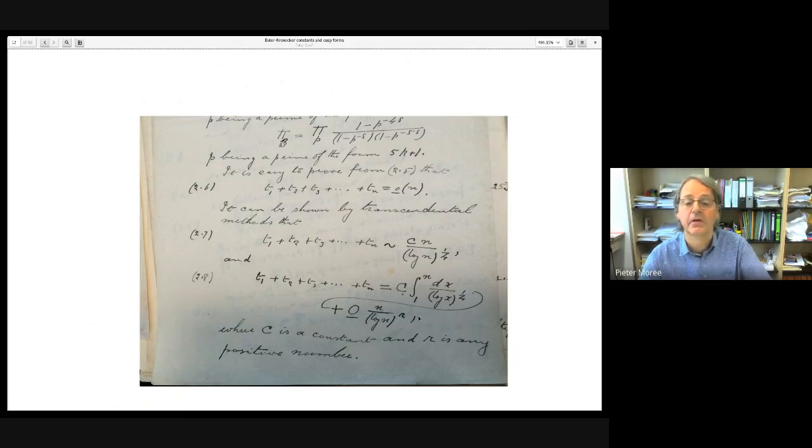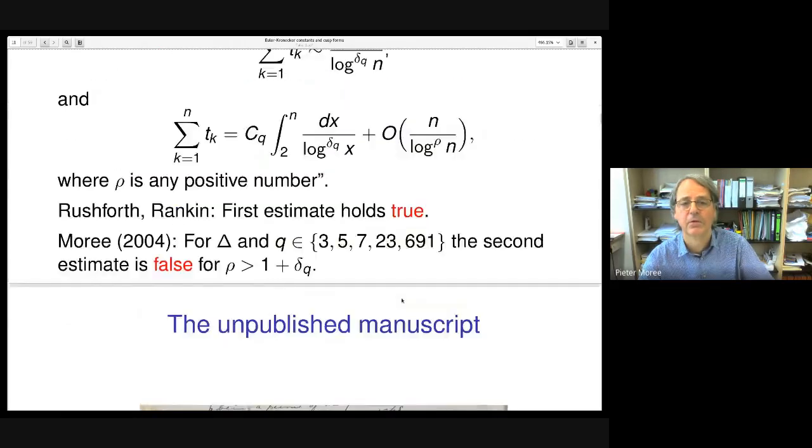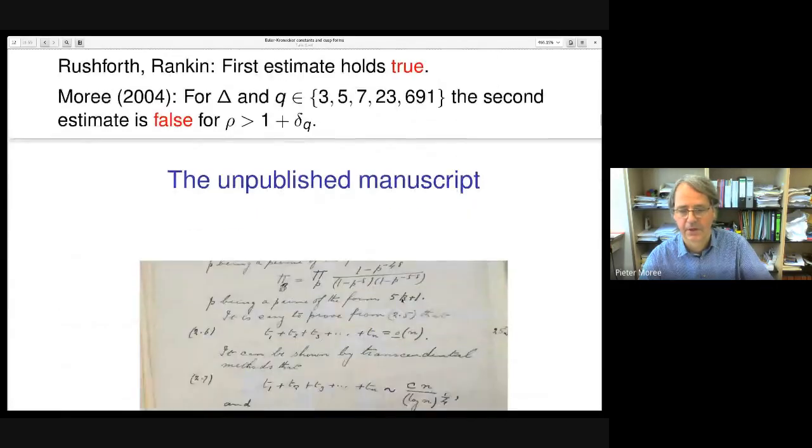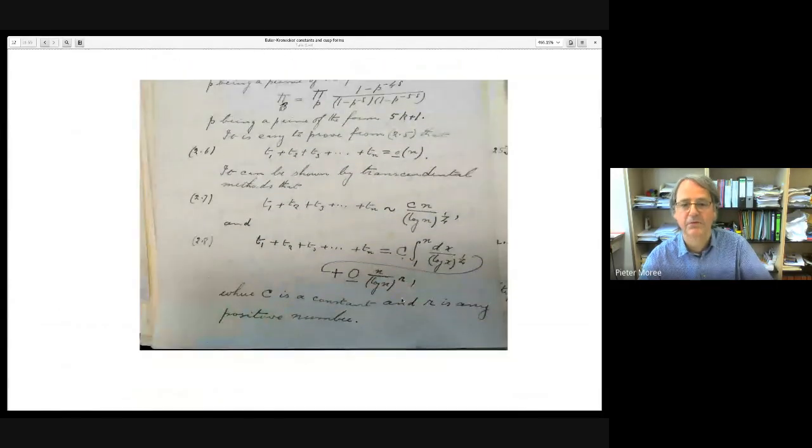Here you see it can be shown by transcendental methods that... he doesn't completely write it as a sum, so maybe I should try to bring this more into the form of the unpublished manuscript itself. But the essence of it is what I wrote down there. And here you see that he gives this error term, where R is any positive number.